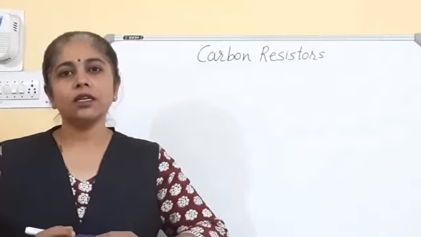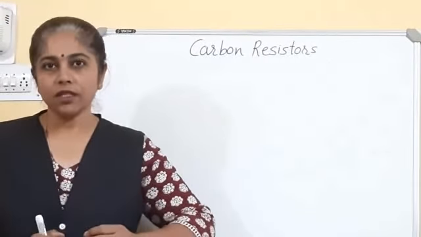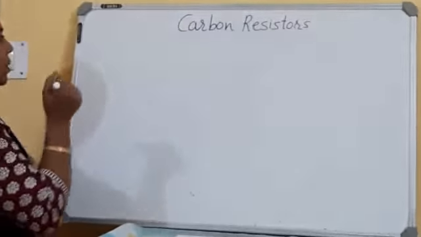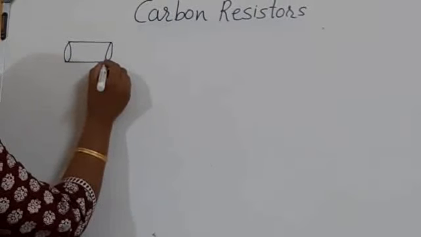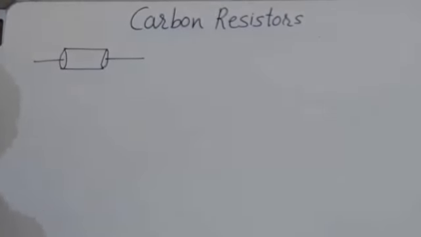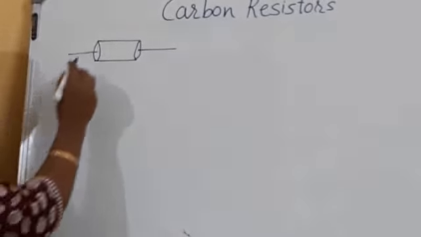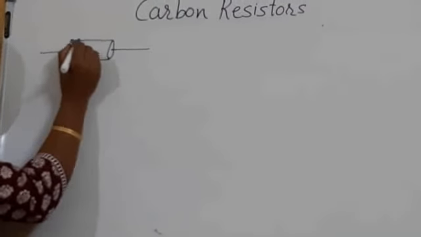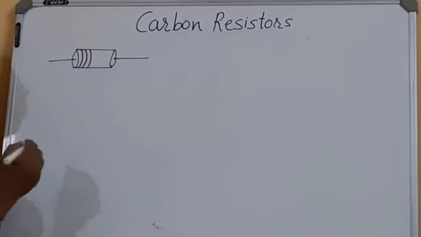So now we will discuss how to understand the value of that carbon resistance. So you see, this carbon resistance is a two-terminal device. It looks like this. Now there are some rings on these carbon resistors. On some carbon resistors there are either 3 rings or 4 rings.